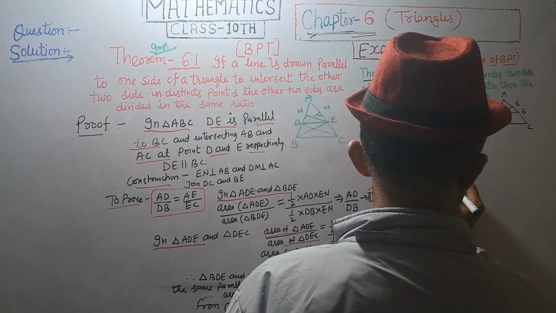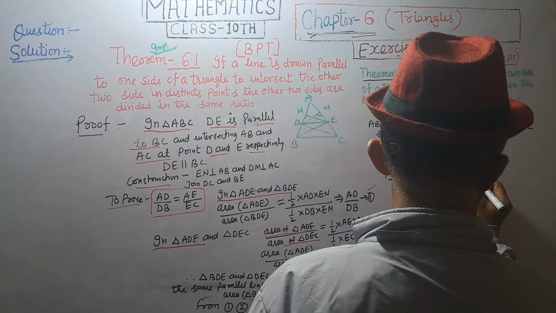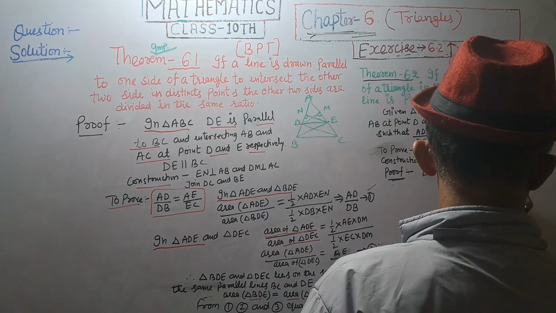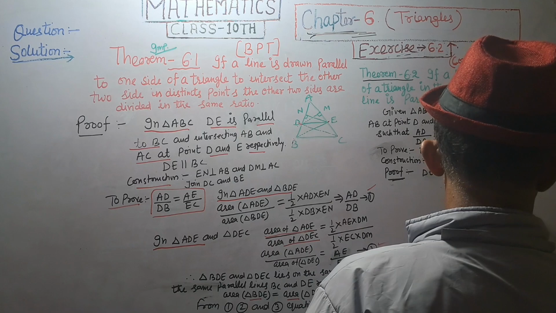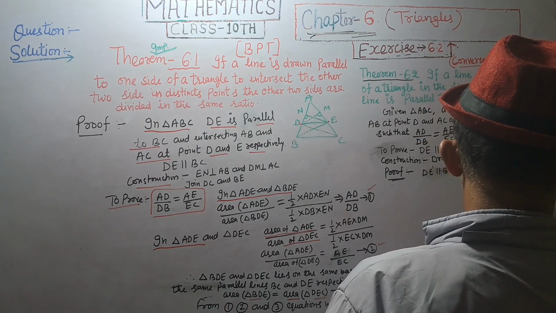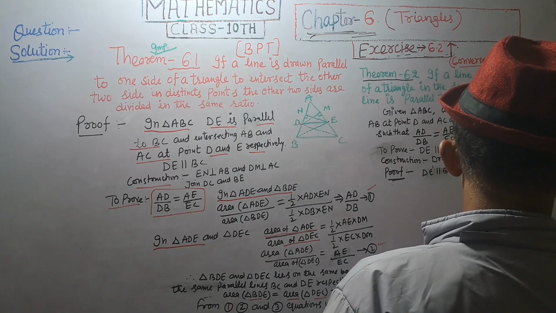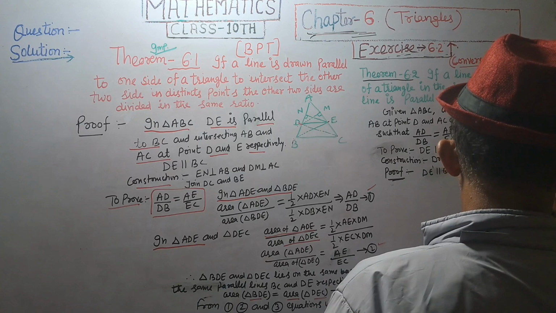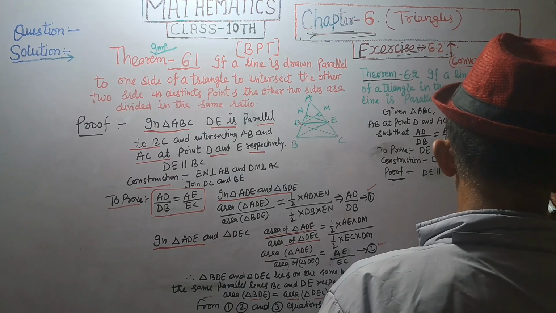DE dash is parallel to BC. This implies AD upon DB is equal to AE dash upon E dash C. It's equation number first.